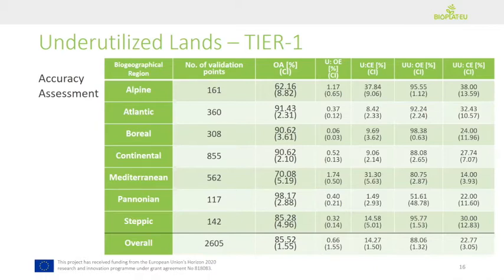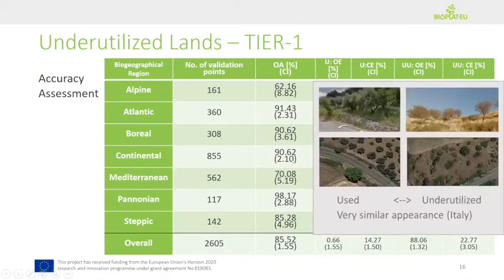Here you can see some results, and as you can see here, the overall accuracy is quite good in general. But of course, especially in the Mediterranean and also in the Alpine areas, the values are a bit lower. And if you look at the patterns on the ground, like here, we are now in southern Italy. So these are olive groves, for example.